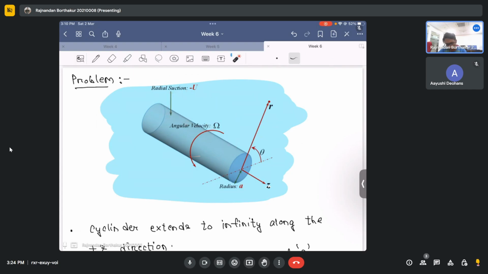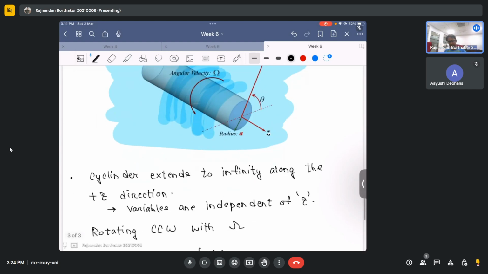Okay, and also since the cylinder is rotating, the flow field would also move something like this with suction basically. So I hope the problem statement is clear. This is basically the problem that we will solve today.